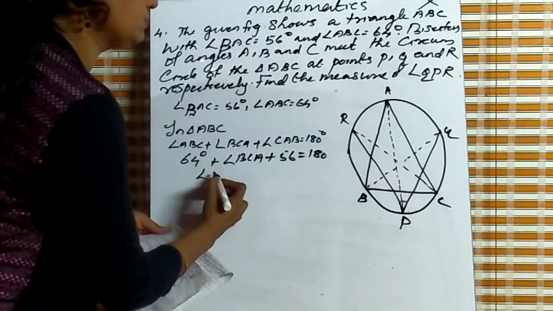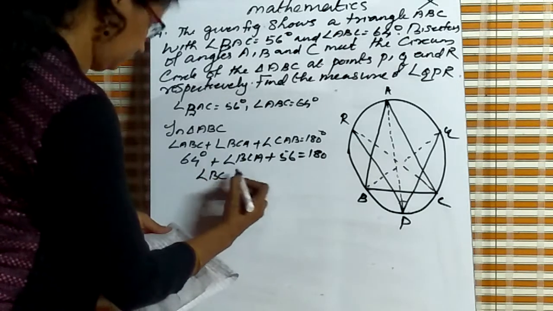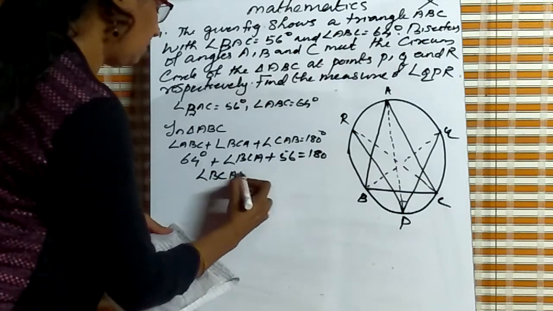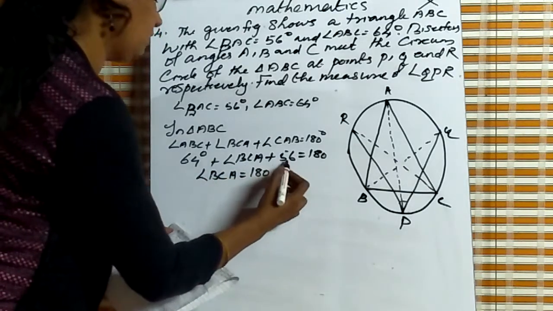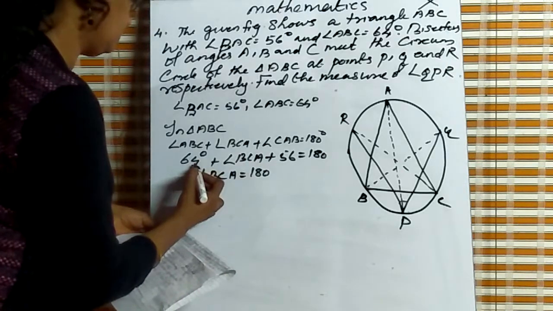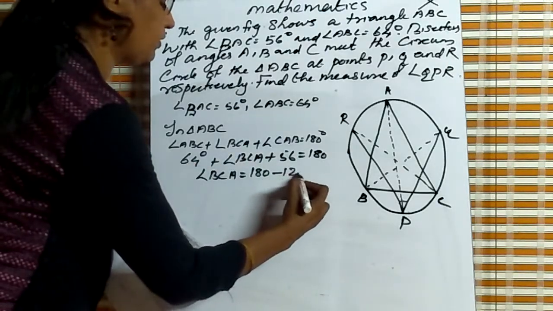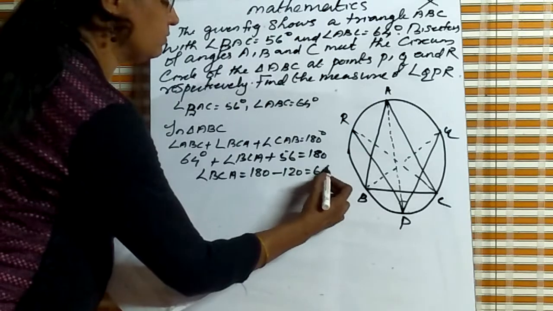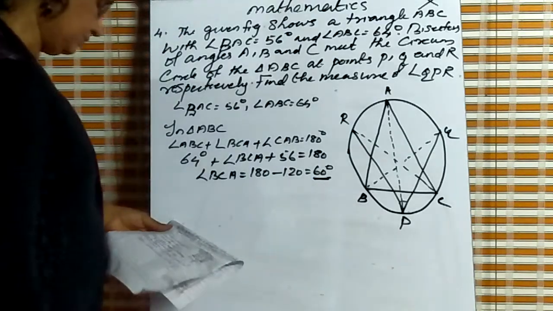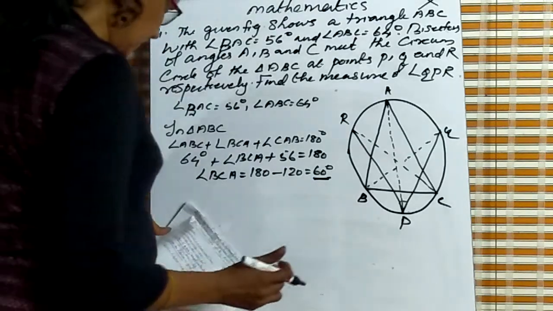Then angle BCA is equal to 180 minus 120, which is 60 degree. So angle BCA is equal to 60 degree.